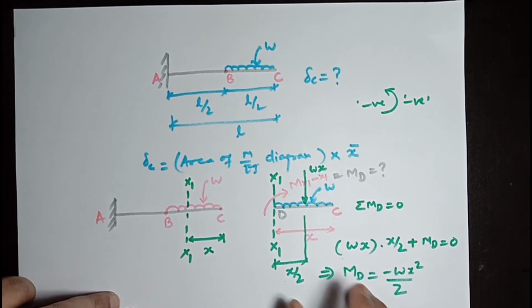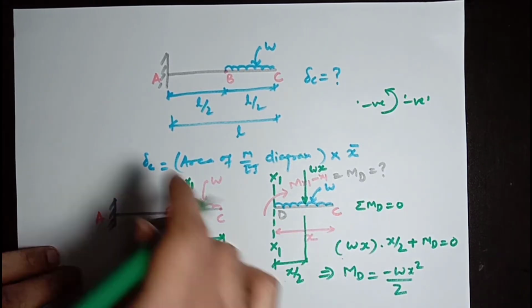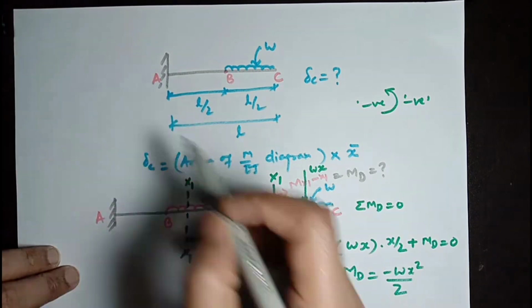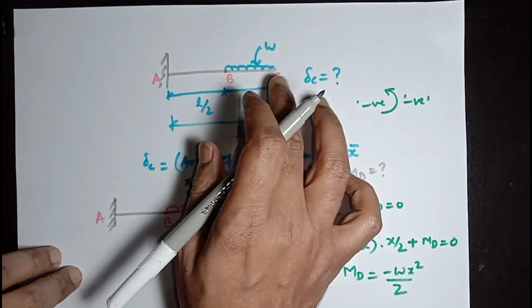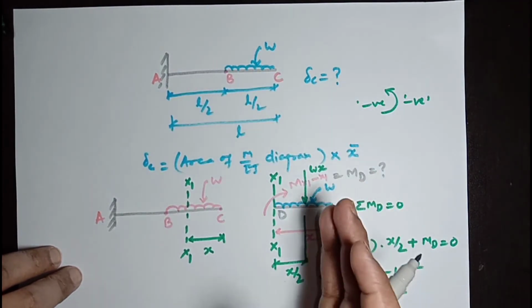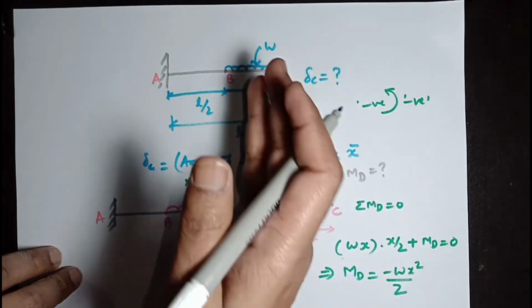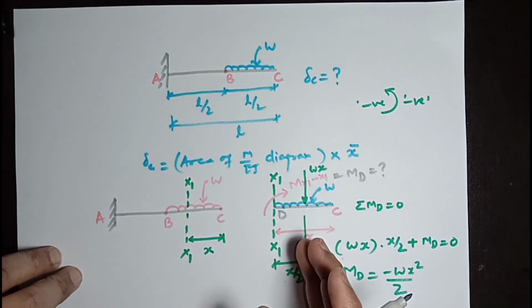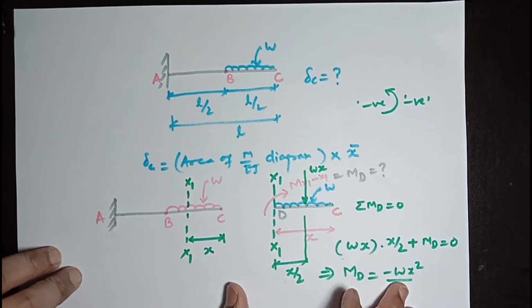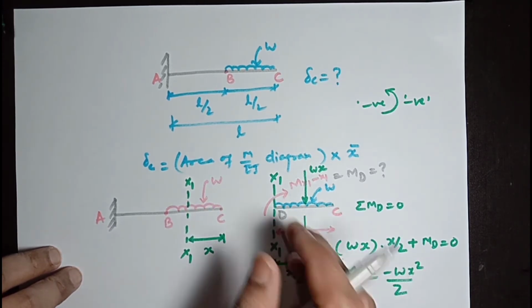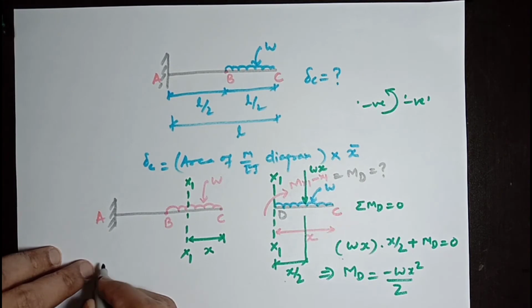This is the moment about point D, and this is the expression for bending moment. You can say the general expression for bending moment from C to B, as we are taking any section from C to B which is at any distance x from C. So we can write the value of moment from C to B here.